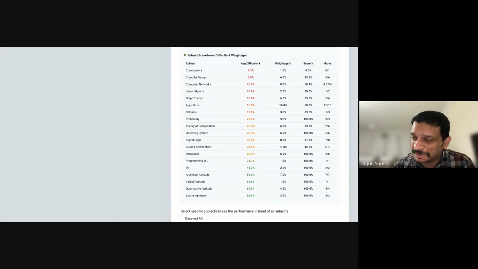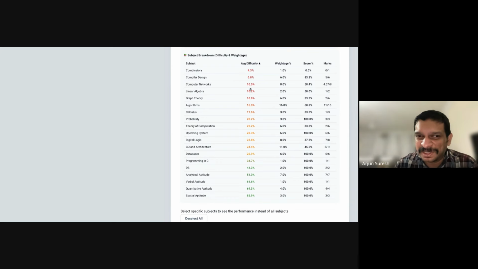The remaining 50,000 or more candidates are not coming to the rank predictor, and we don't know their marks, but we know that their marks are pretty low. That is why the average mark in GATE CSE comes to around 15 marks.